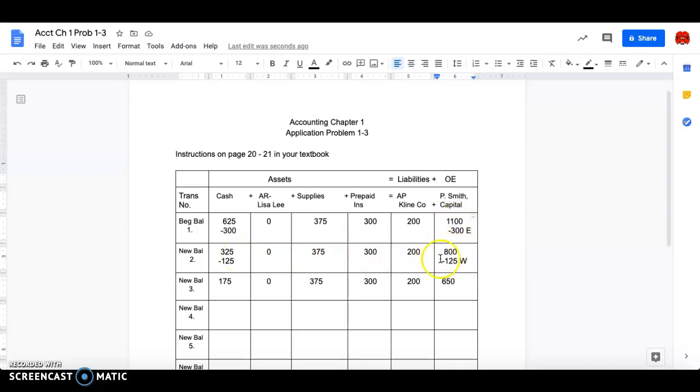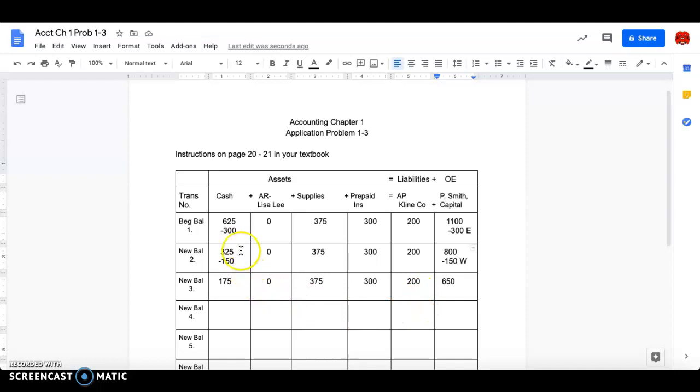Okay, and we bring down our balances, and then I don't know what I was looking at here, but our next one says that we paid cash to the owner for personal use, and it says $150. I do not know where I got these numbers. Okay, so pay cash to the owner for personal use.